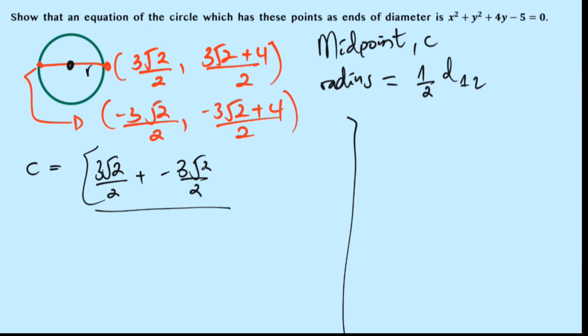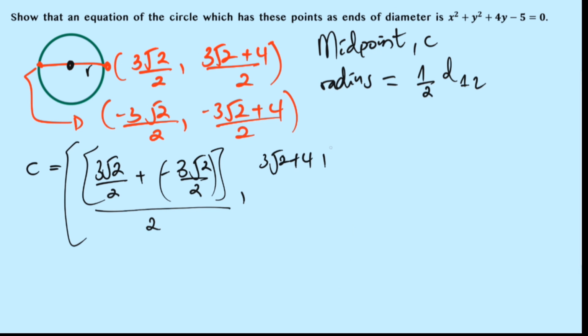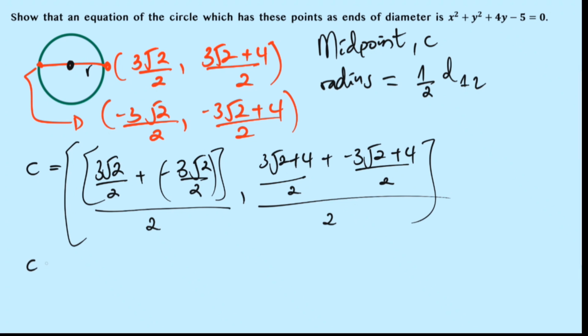All of this you add up, divided by 2, and then for the y we should get 3 root 2 plus 4 over 2 plus negative 3 root 2 plus 4 over 2. You add them both, you divide that by 2 to get the midpoint.